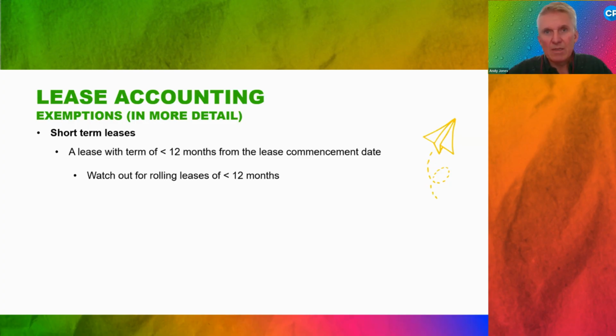If you've got these, then again, it's coming back to this reasonable certainty test. Although officially you've only got a 12-month rolling lease, if you've been on that basis for the last 10 or 15 years and you're expecting to continue that way for the next 10 or 15 years, then applying that reasonable certainty test, it's not really going to qualify as a short-term lease.